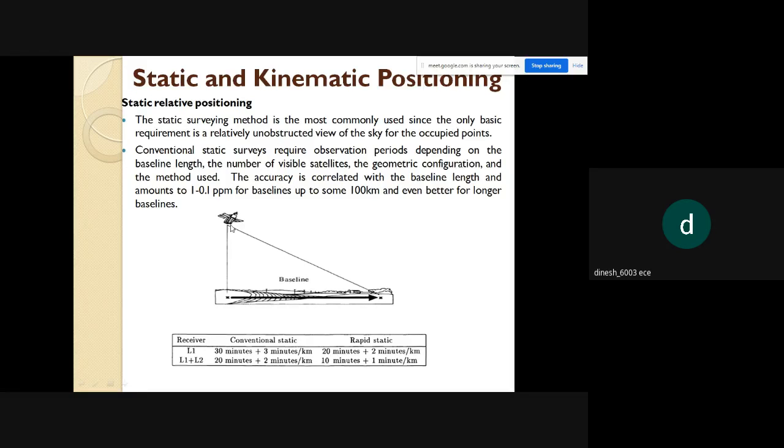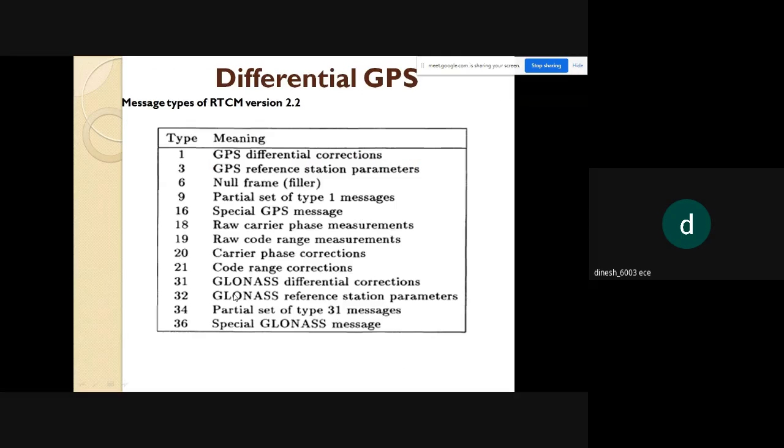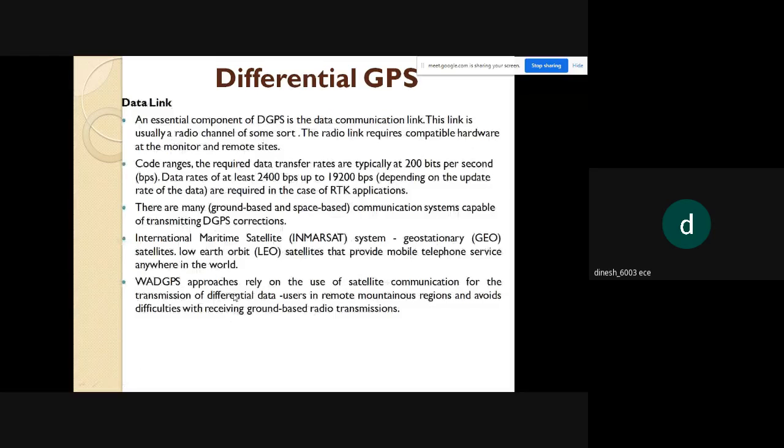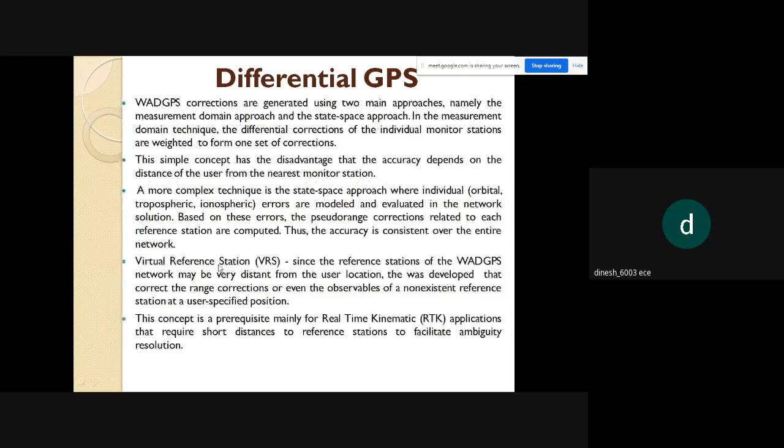The satellite will have a duplicate of that virtually at your base on the Earth's surface, so that we call it virtual. This is the virtual reference station.